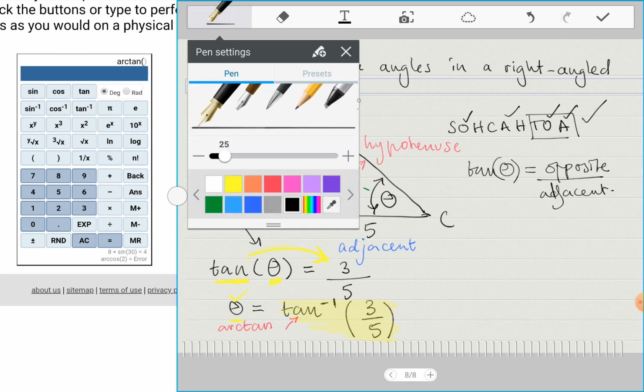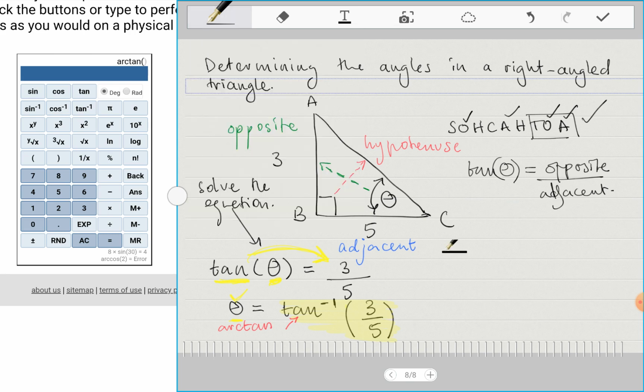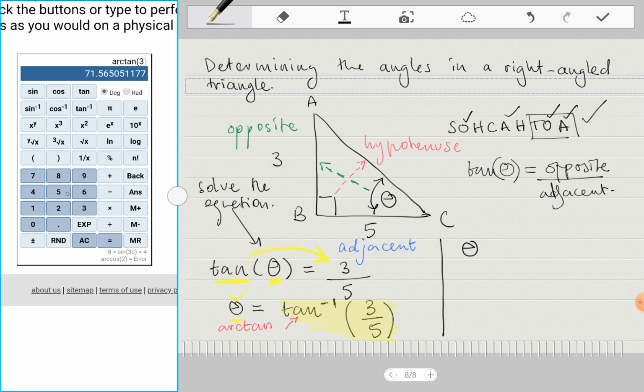So let's plug that in. We've got arctan, and then a fraction of 3 divided by 5. We see that it gives us a decimal answer.